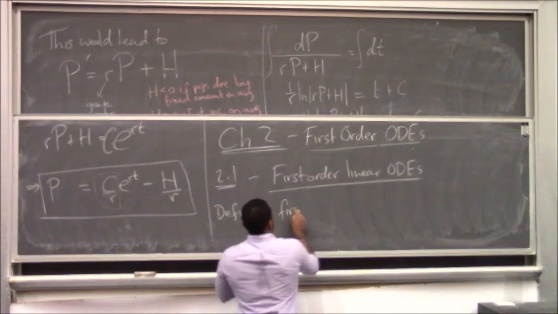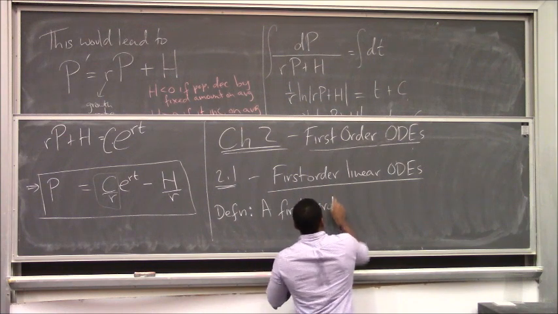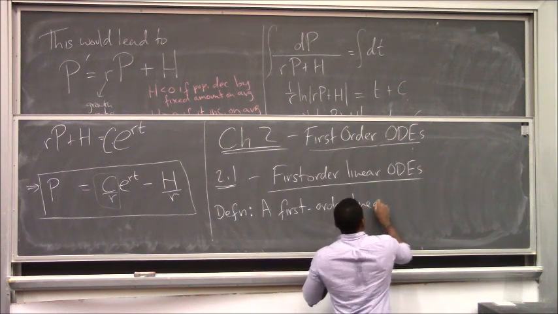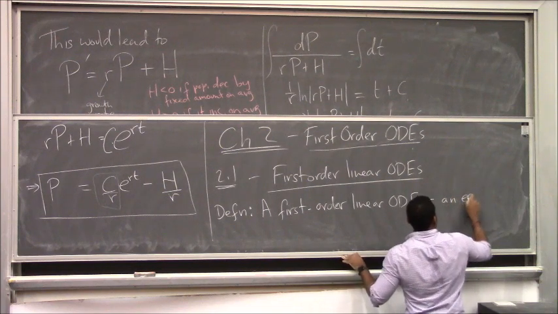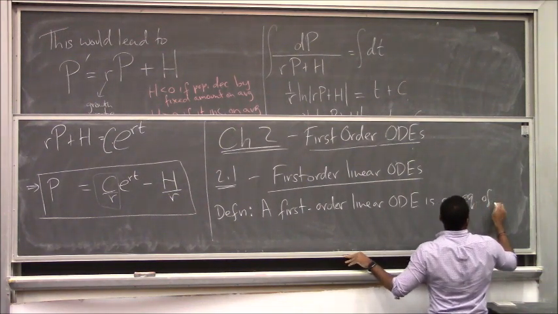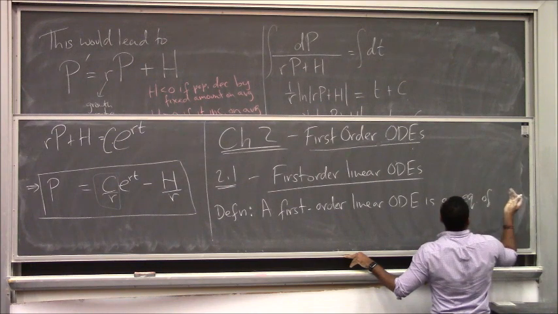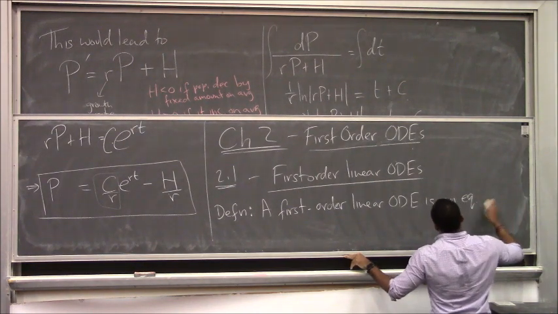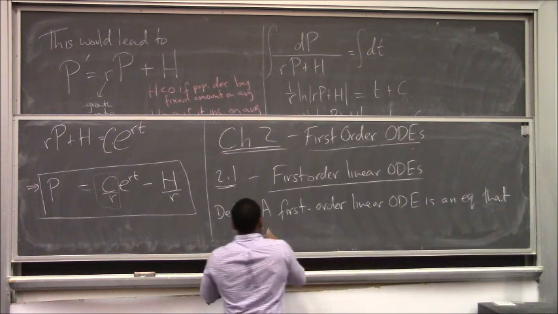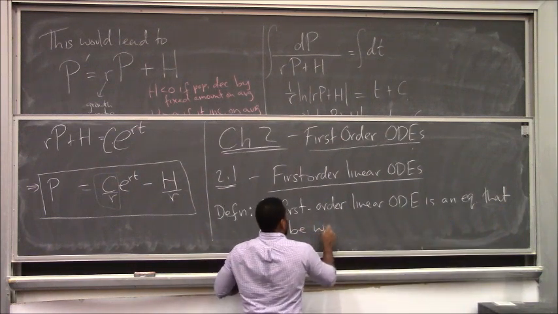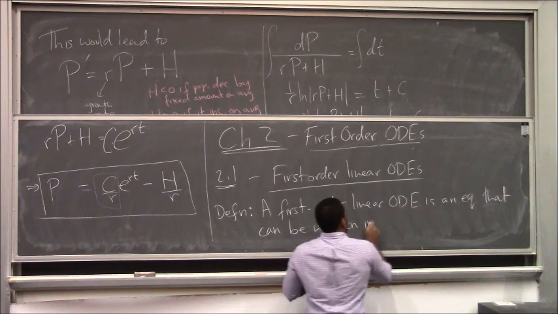A first order linear ODE is an equation, and when I say of the form, let me just write out here, that can be written in the form.